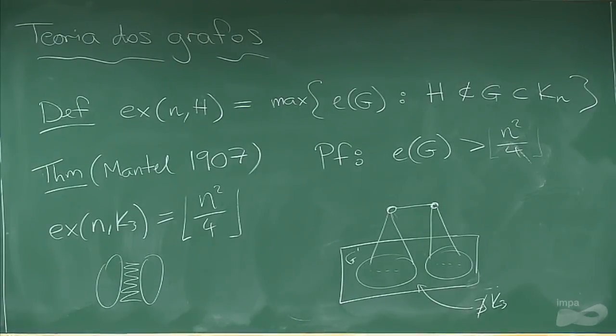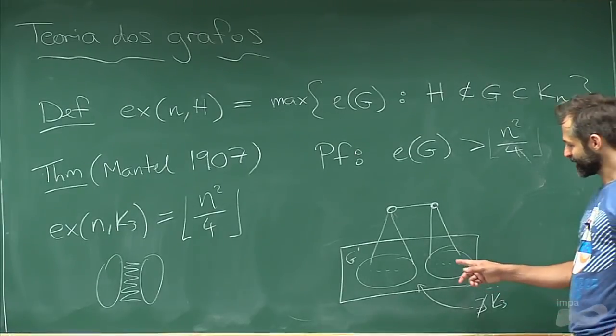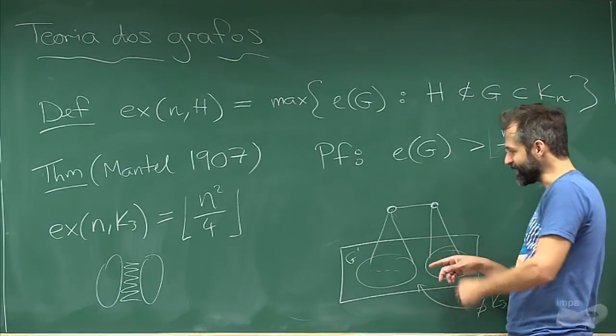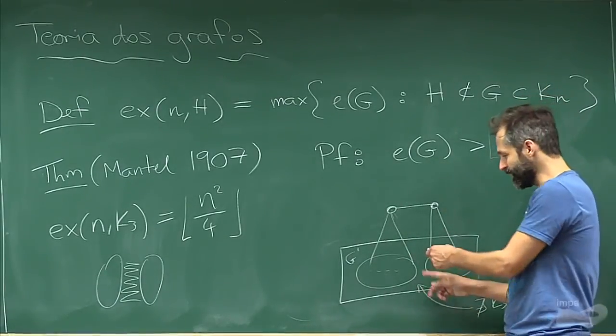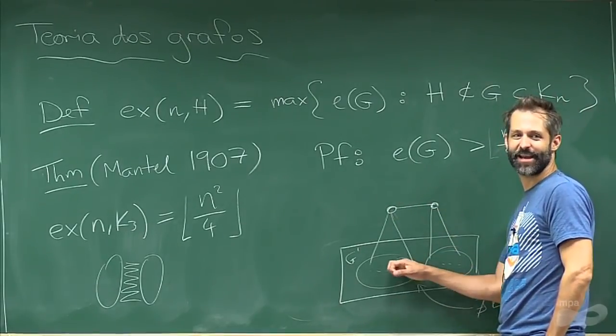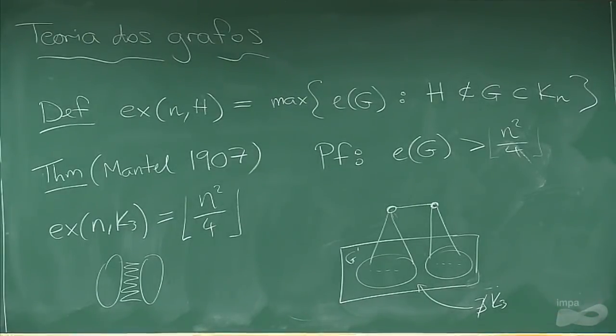Right, at most n minus 2. Why? Right, the correct way to count is not from the top, it's from the bottom. Each vertex down here has at most one neighbor up, and there are n minus 2 vertices down here. Okay, so it's at most n minus 2 between the two sets, plus 1 at the top.